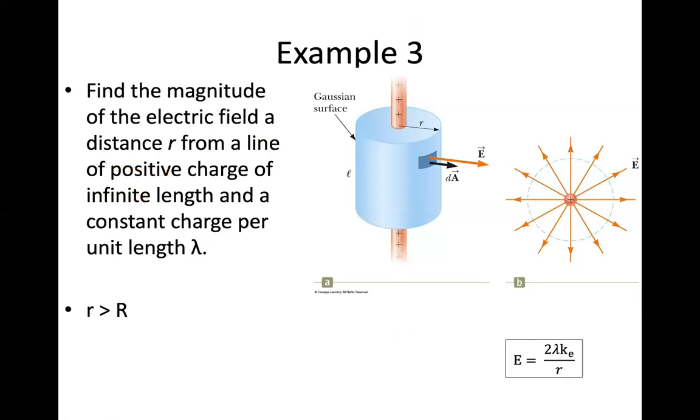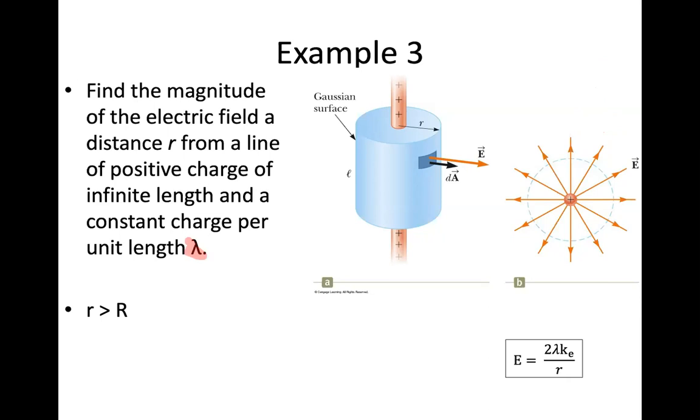And if it's positive, then the electric field, over here I've got a top-down view, goes radially outward, which is why I want to enclose it in a cylinder. Think of the wire as a cylinder. So wires get enclosed with cylinders. Spheres get enclosed with spheres. And this now has charge per unit length, so we're looking at lambda, not rho.